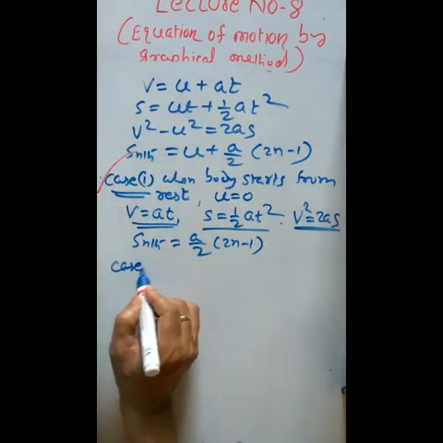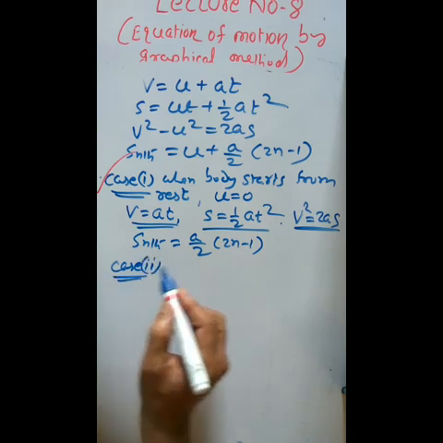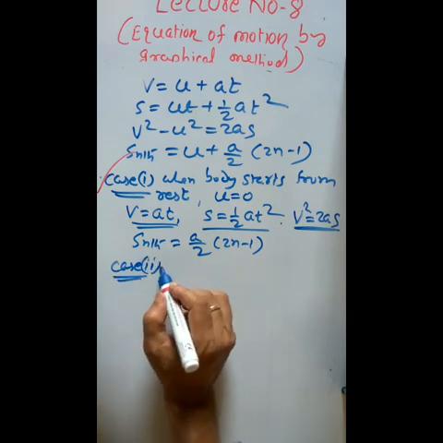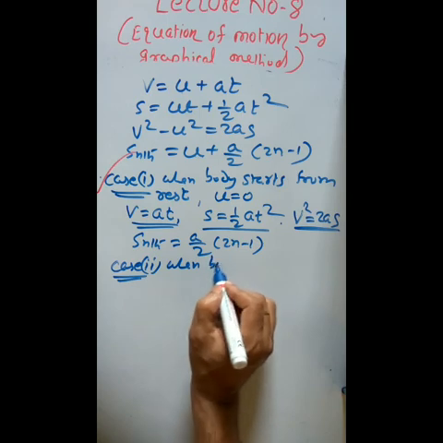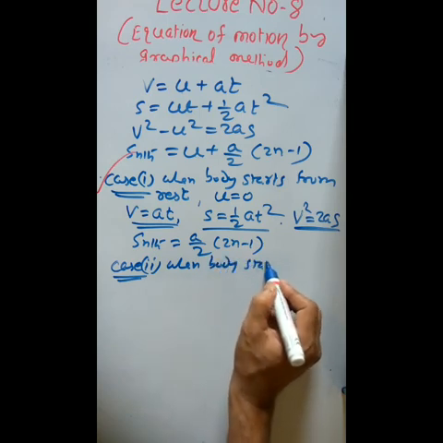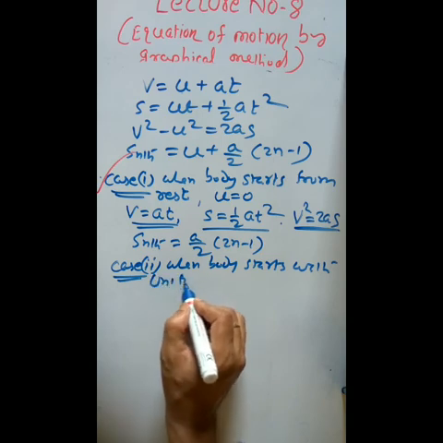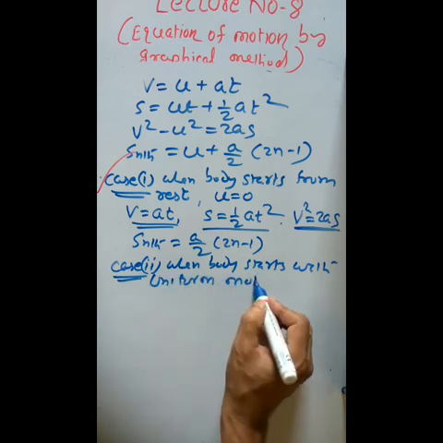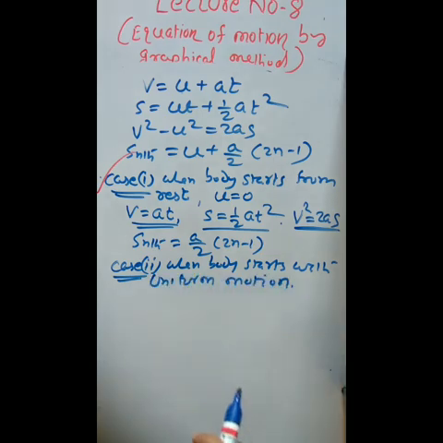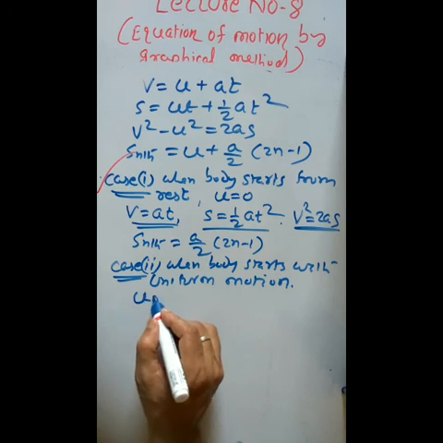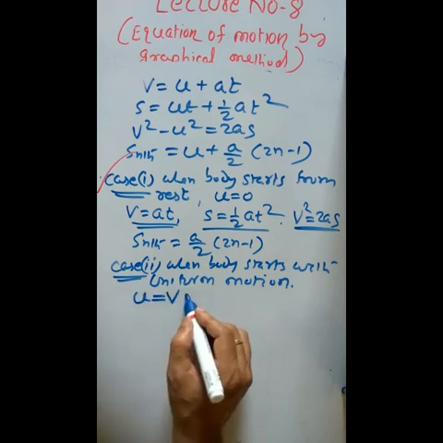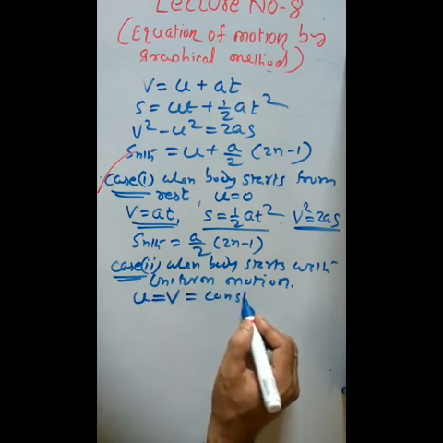Then case 2. When the body moves with uniform motion, what do you mean by uniform motion? Uniform motion always relates to the velocity. If the body moves with constant velocity, that means initial velocity is equal to final velocity, which is equal to a constant.